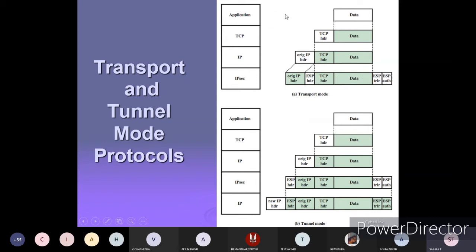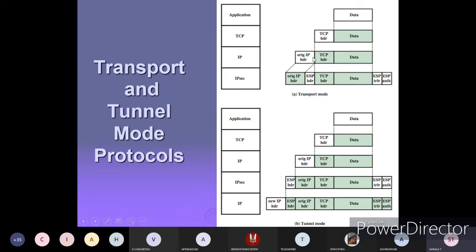Looking at where all those headers are added, first the application data will be there. After that, if you are going for TCP layer transport security, the data will be added with the TCP header. After adding the TCP header, it goes to the IP layer with the data and TCP header.